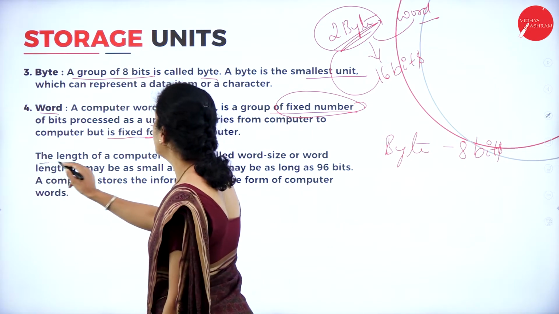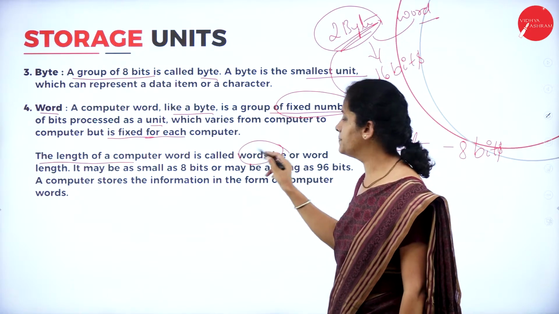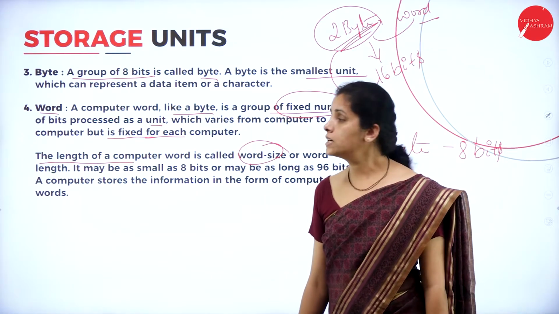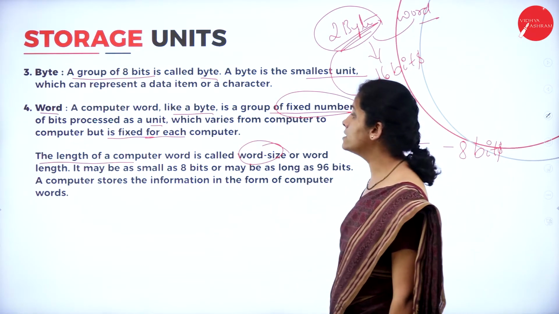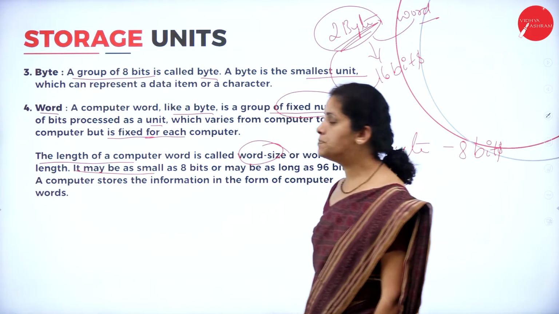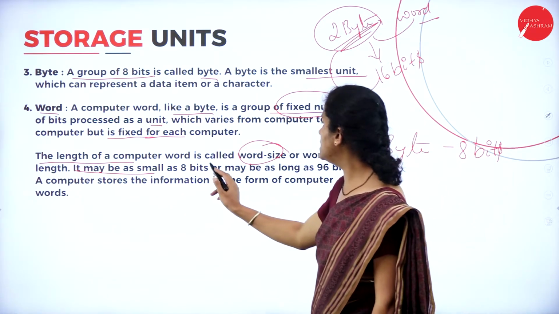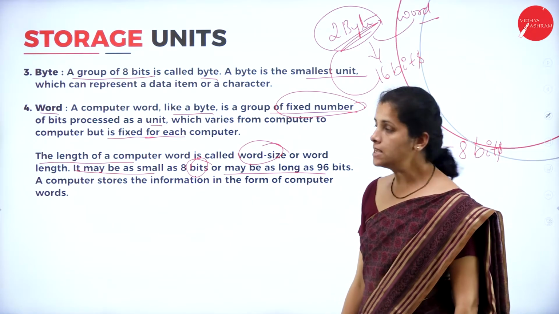And the length of a computer word is called word size or word length. It may be as small as 8 bits or as long as 96 bits.